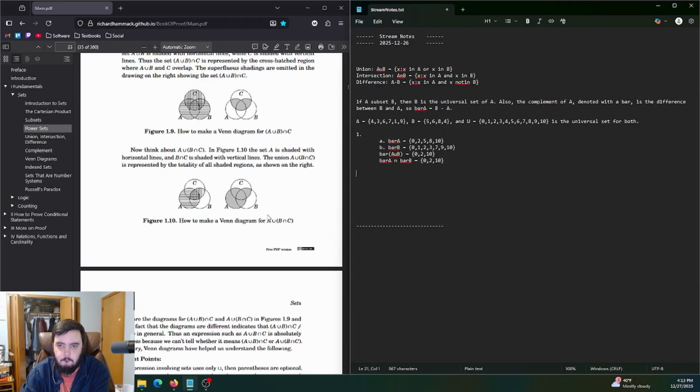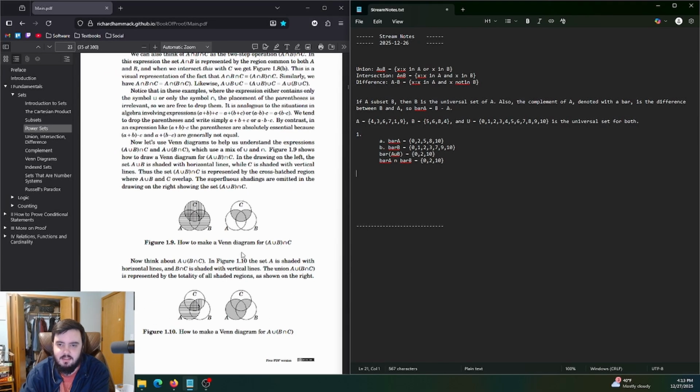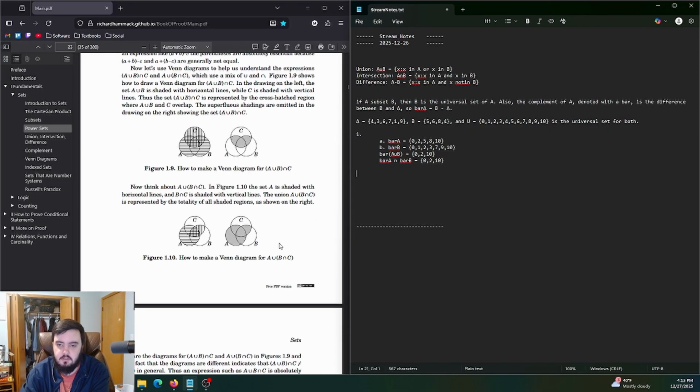This shows how to draw a Venn for A union B intersects C. I see. They're just using lines for A union B and then C, and any place that it is checkered is the intersection. It's a clever way to do it.